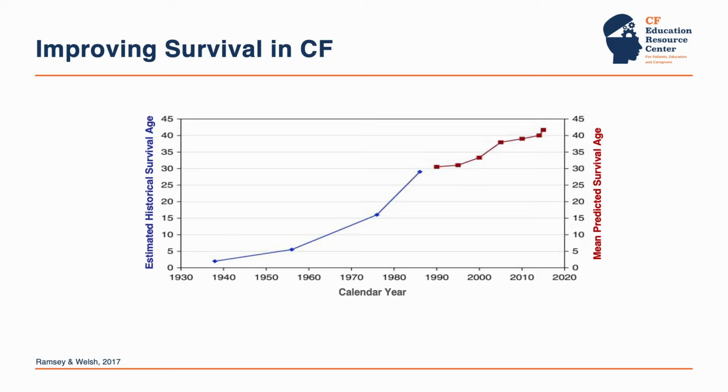We're just now starting to see in the registry, at the end over here, the survival in the cohort of patients who were born in the most recent era, between 2010 and 2020. We anticipate survival at least into the 40s. And with new therapies, we think that this will be even higher. By recognizing advanced lung disease and referring for treatment options like transplant, we hope that survival will continue to improve.